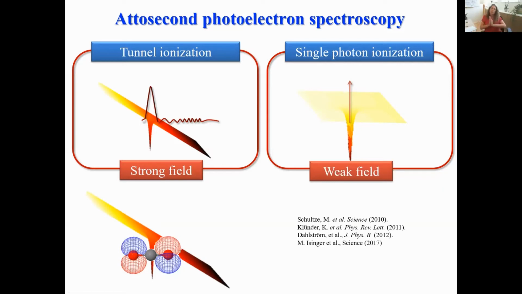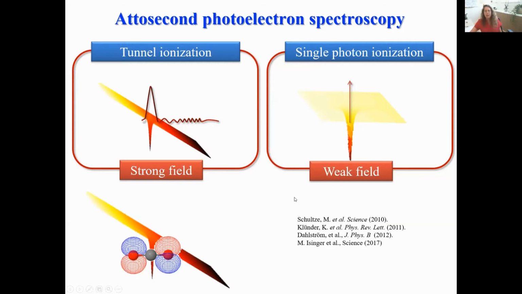And one question we ask ourselves is, since we have seen that recollision is such a valuable tool and we can manipulate it, can we use this tool in order to probe with extremely high sensitivity and accuracy the origin of single photon transition? Naively, the answer is no, since recollision is induced in a strong field environment, which doesn't look to be the proper tool to probe weak field transition.